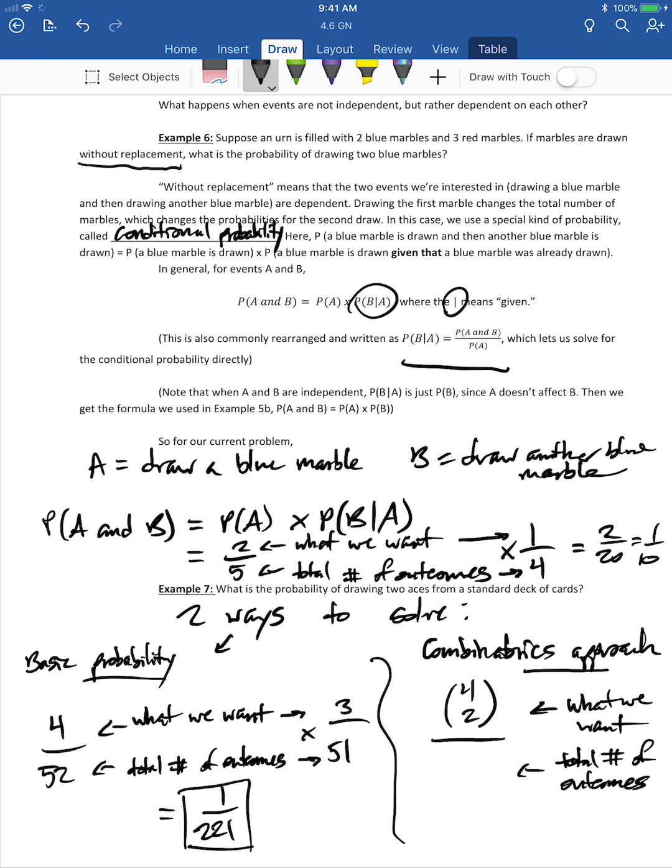The total number of outcomes is choosing 2 cards from the 52 total. What I want, drawing 2 aces from the 4 in the deck, over the total number of ways I could draw 2 cards from the deck of 52. 4 choose 2 over 52 choose 2. And if I calculate that, use my formula, simplify, I get 6 over 1326, which reduces to 1 over 221.